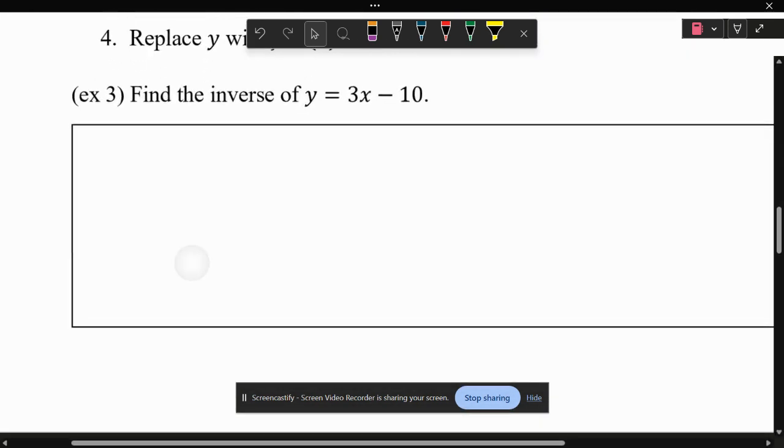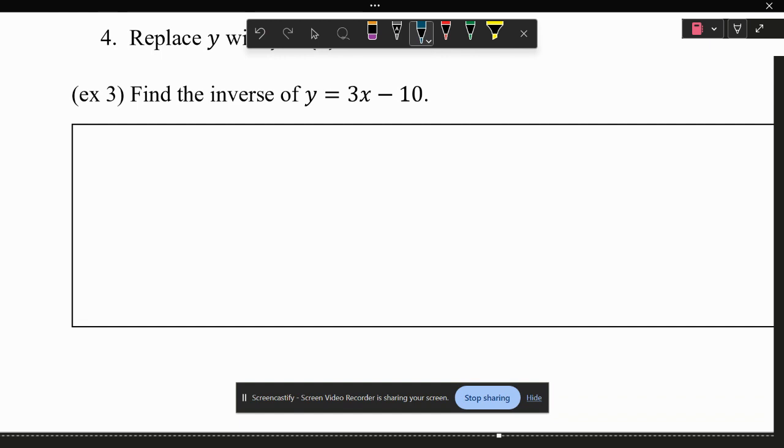So if you take a look at example number 3, find the inverse of y is equal to 3x minus 10. There's no f of x, so we don't have to worry about replacing it. The x and the y, we're just going to change those around. And then we'll solve for y.